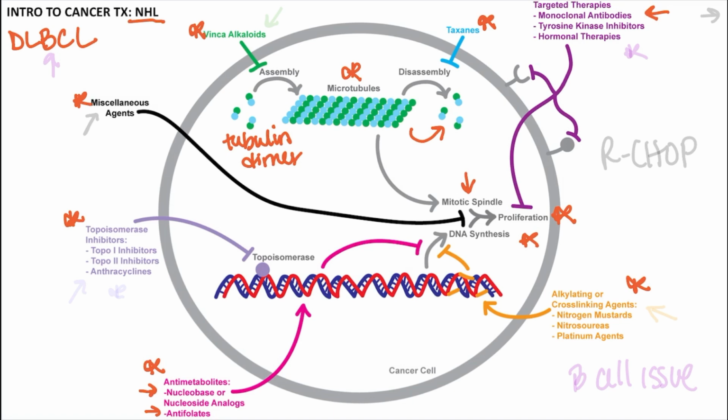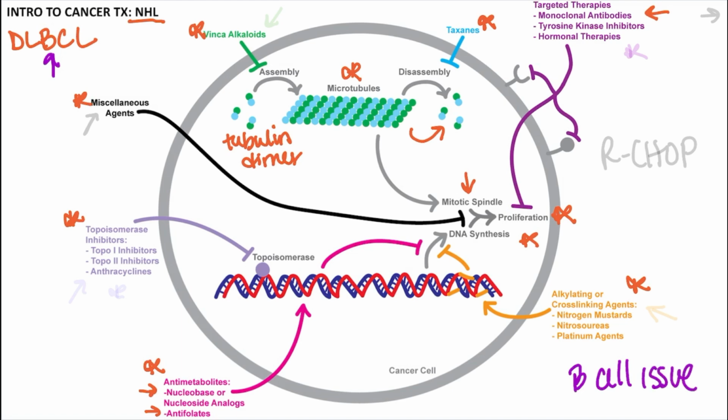Lymphomas can be classified as either Hodgkin's or non-Hodgkin's lymphoma, with non-Hodgkin's lymphoma being the most common. Diffuse large B-cell lymphoma is one of the diseases found under this heterogeneous umbrella of non-Hodgkin's lymphoma. This is a B-cell lymphoma, resulting from the malignant proliferation of B cells during some point in their stages of maturation.